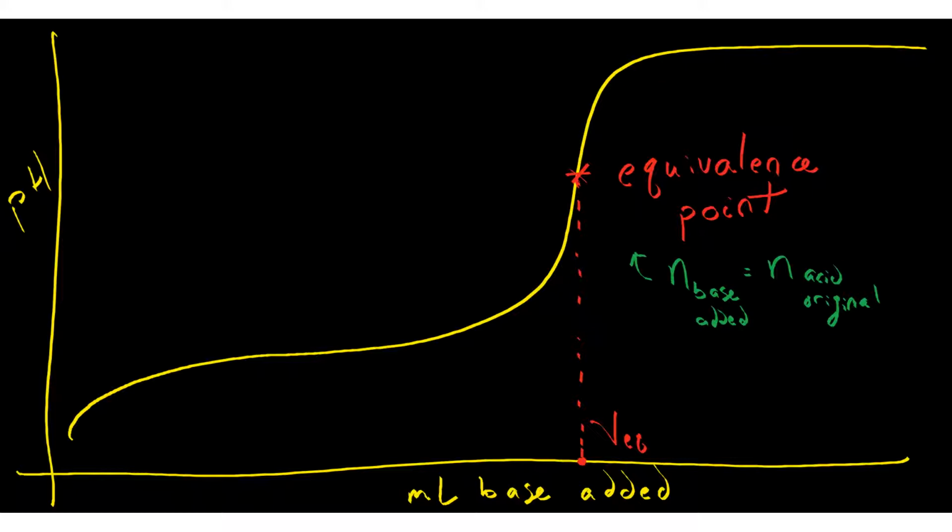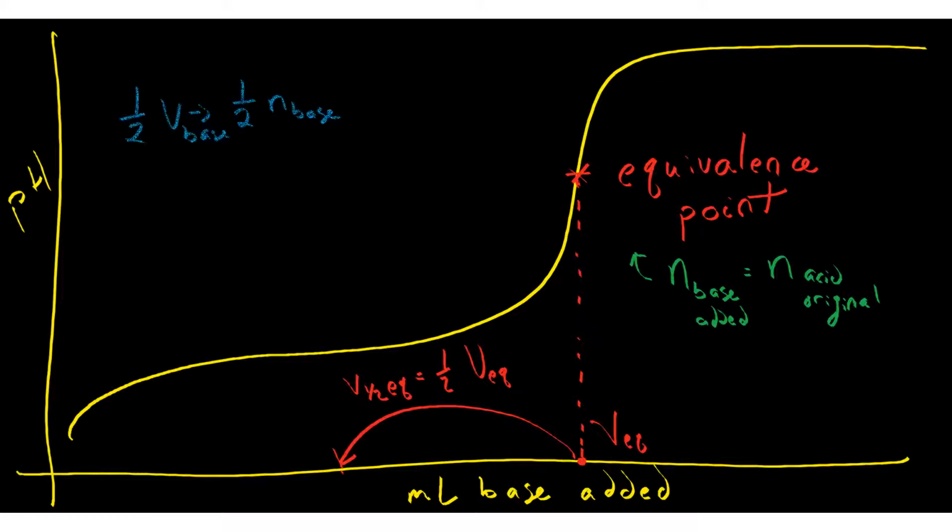So let's move on from that to the 1/2 equivalence point. Okay, that's really straightforward, really easy to find. You just take the volume of equivalence, divide by 2, and that gives you the volume of 1/2 equivalence. Now, why do you want to find the 1/2 equivalence? Well, at 1/2 equivalence, you've added exactly half as much base as necessary to get you to equivalence.